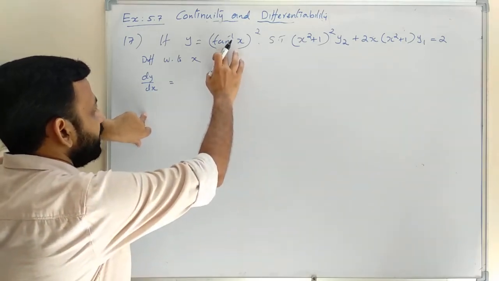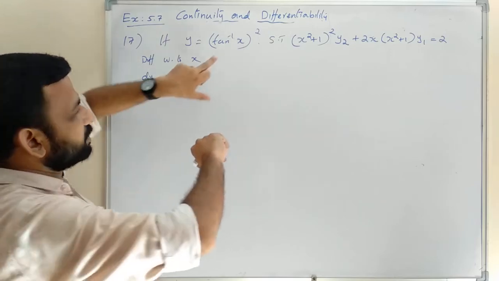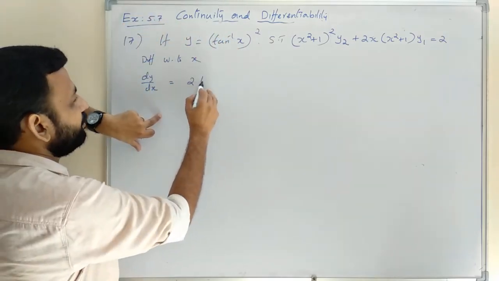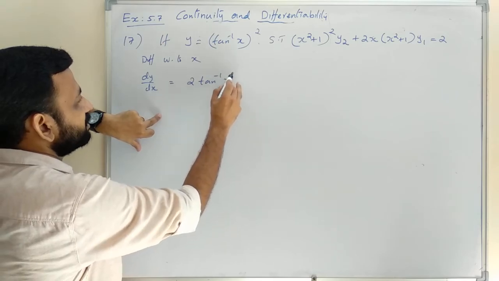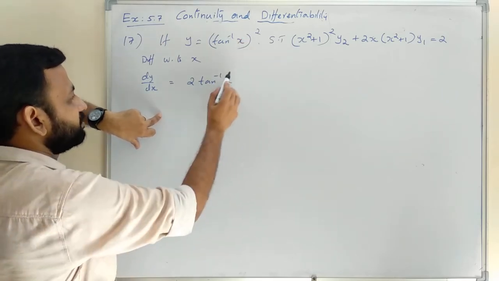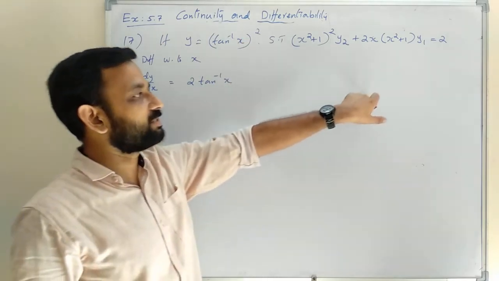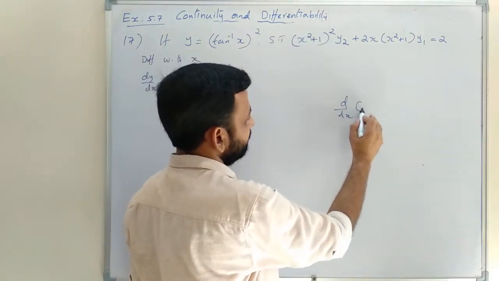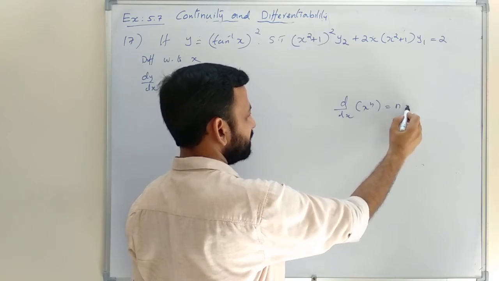Then the derivative of tan inverse x whole square: d by dx of x raised to n is n x raised to n minus 1. So 2 into tan inverse x raised to the power 2 minus 1.